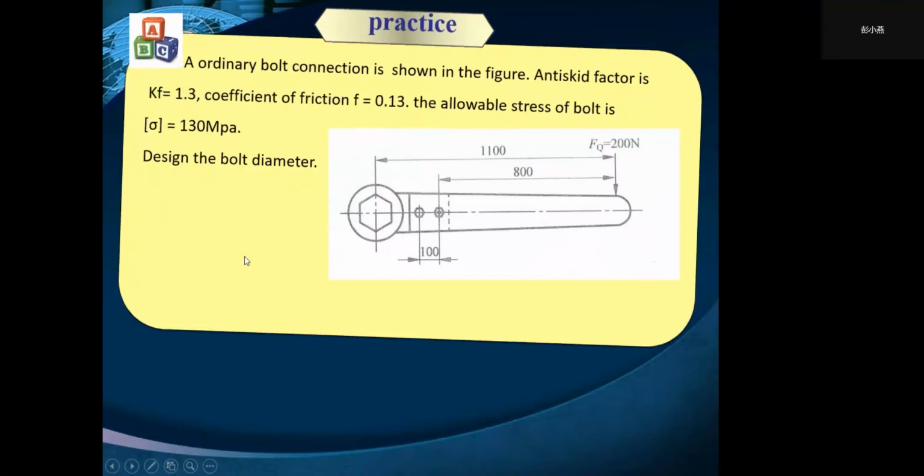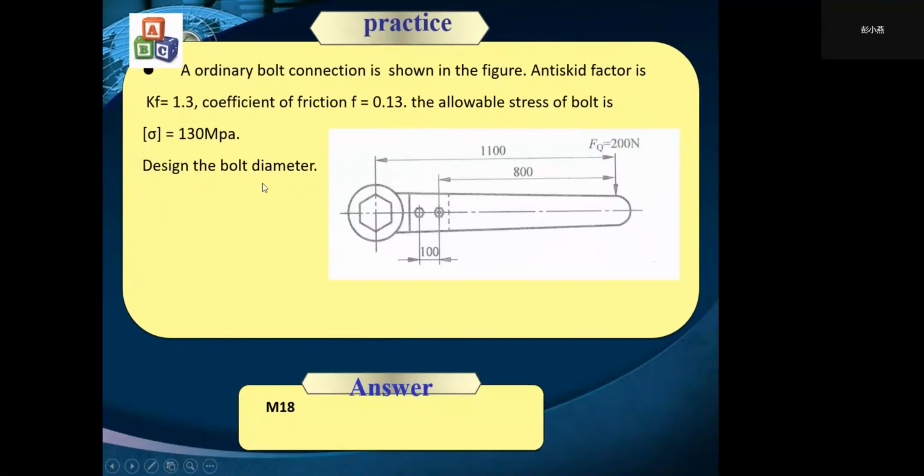And for the exercise, we know the bolt type is ordinary bolt joint, and we know the anti-slide factor and the coefficient of friction and the allowable stress. So then we need to design the bolt diameter.